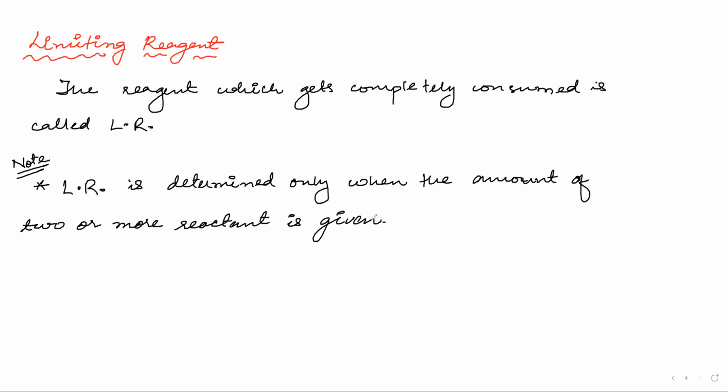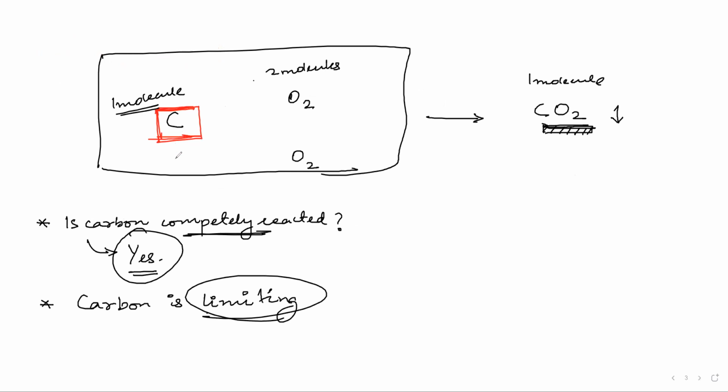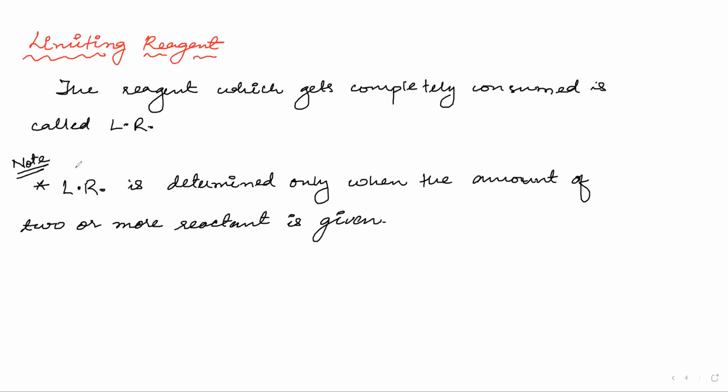Why? Because we have to see the ratio. We saw that one molecule of carbon is there, but two molecules of oxygen are there. Only there does the carbon limit. If I don't know how many molecules of oxygen are there, then how can I say which is the culprit? So we will determine limiting reagent only when the amounts of two or more reactants are given.